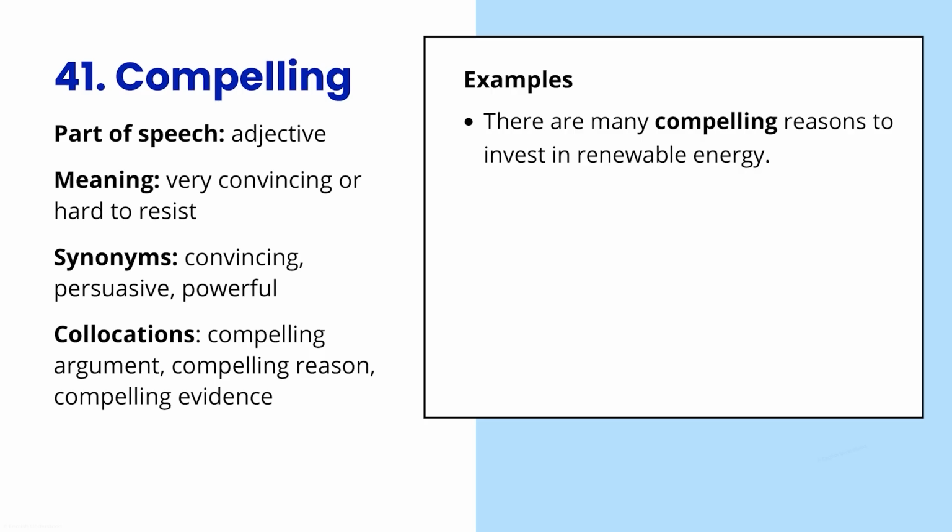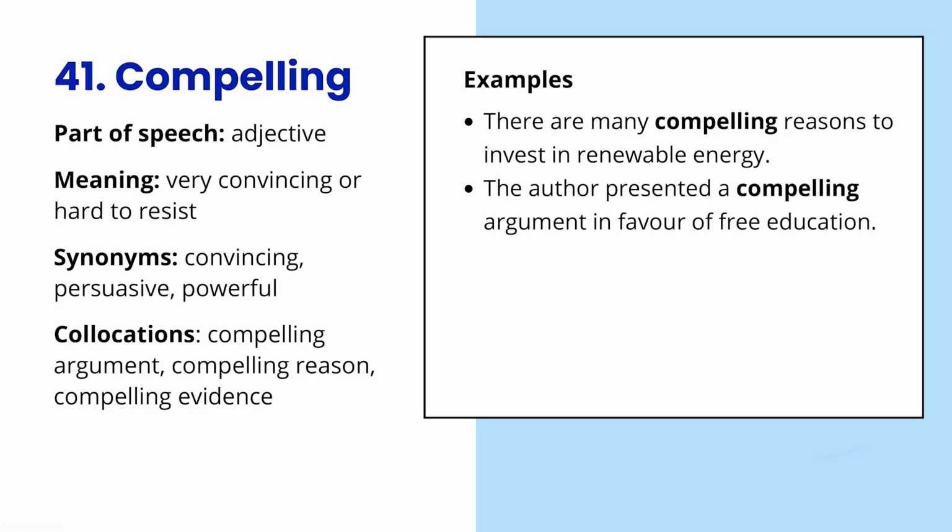Examples: there are many compelling reasons to invest in renewable energy. So this means there are many good, strong, powerful, convincing, persuasive reasons to invest in renewable energy. The author presented a compelling argument in favor of free education. So the next time you want to describe an argument or a reason that's really strong and really persuasive, compelling is the perfect word to use.